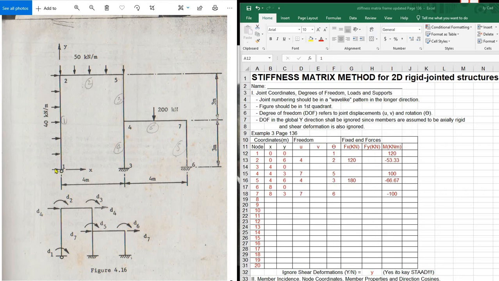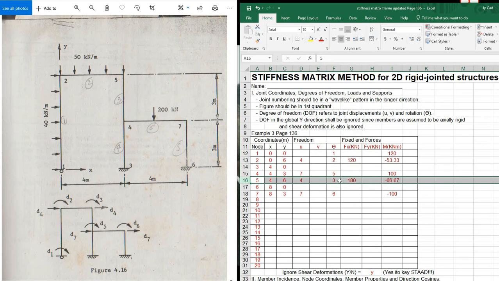At node 1 dito sa support, meron tayong D1. And then at node 2, you have two displacements, horizontal and rotation. Rotation is displacement 2. And then at node 5, that is displacement 3.